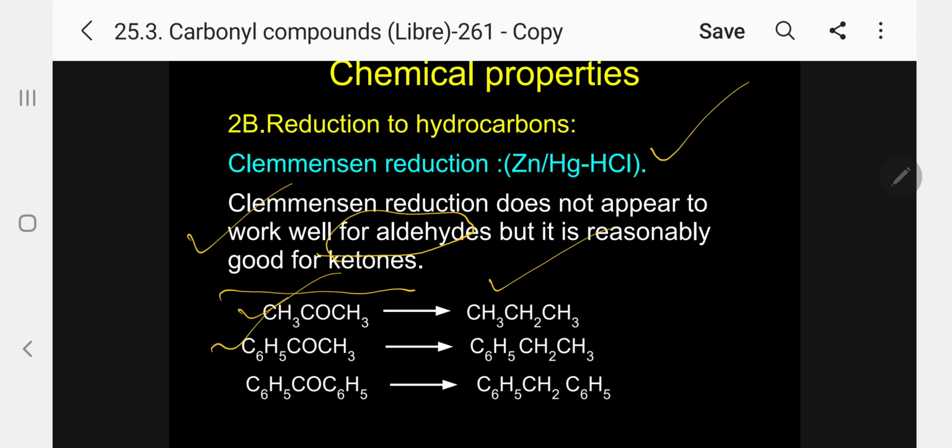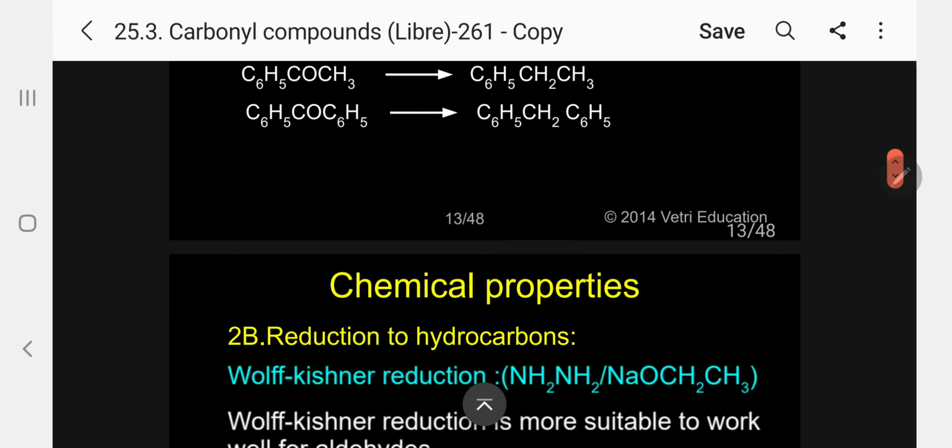Acetophenone gives ethyl benzene, and benzophenone gives diphenyl methane. Kindly follow. So Clemmensen reduction works well for ketones, but is less suitable for aldehydes. Whereas the other one, Wolff-Kishner reduction, is suitable for aldehydes. Kindly follow. That I will discuss.